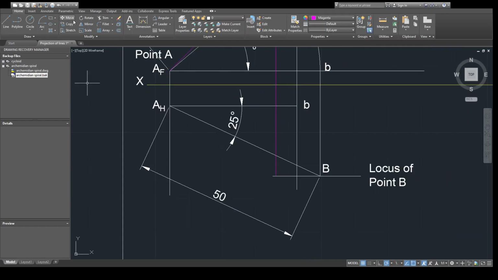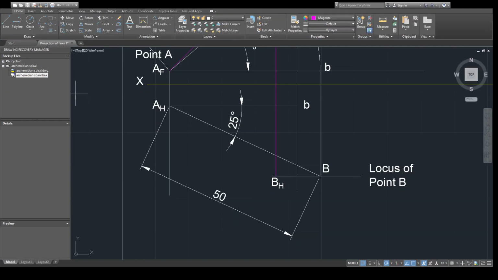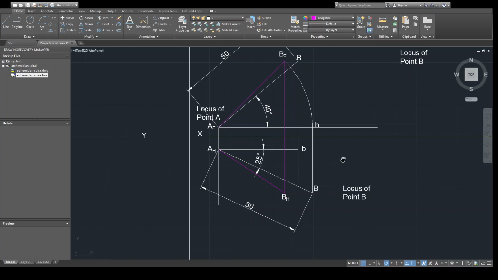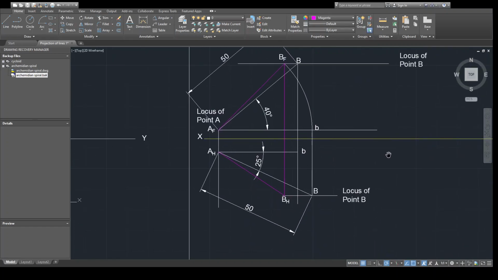So this point we call point BH. So join AH BH. So AH BH is our top view, whereas AF BF is our front view.